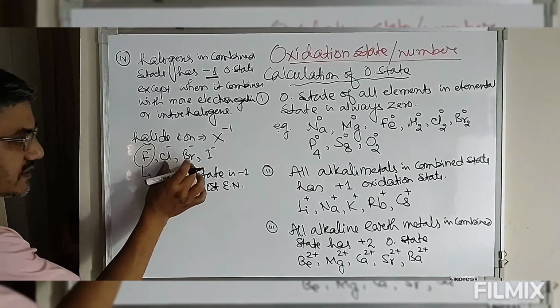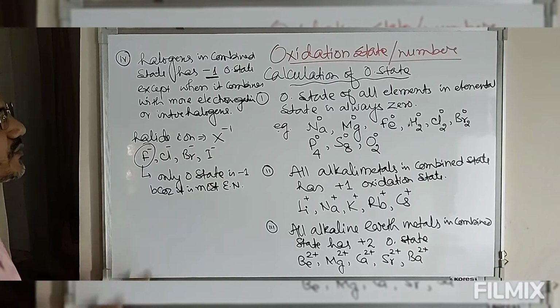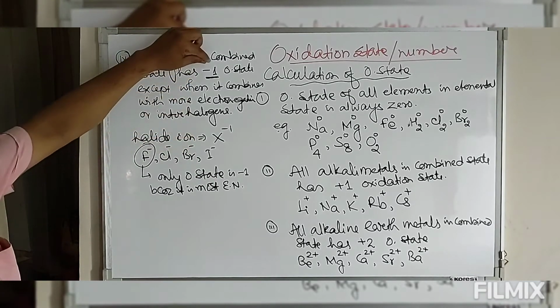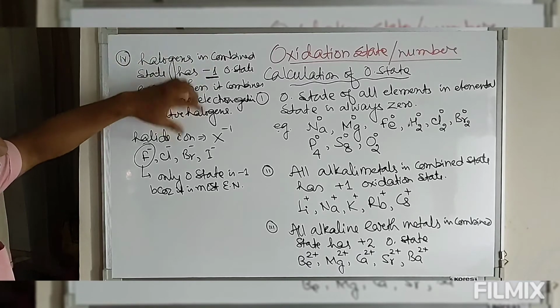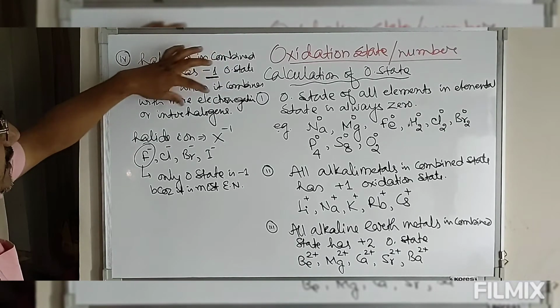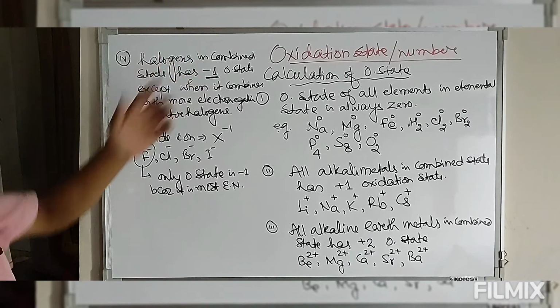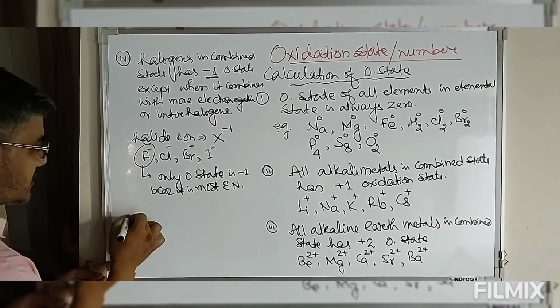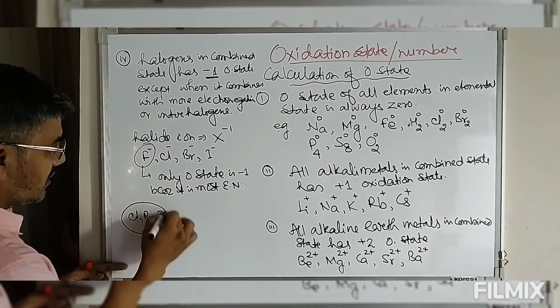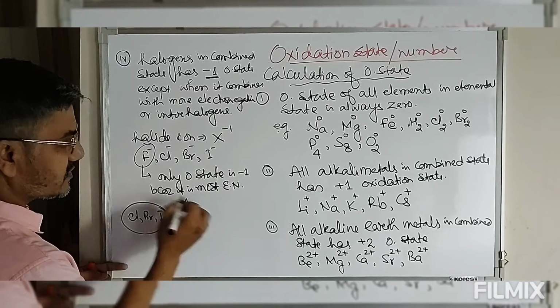Whereas chlorine, bromine, iodine, as I told you, along with the -1 oxidation state can also show positive oxidation states, provided they are combined with a more electronegative element or in interhalogens. They can show -1, which is the most common.